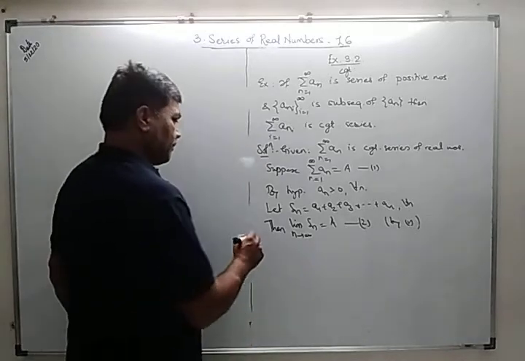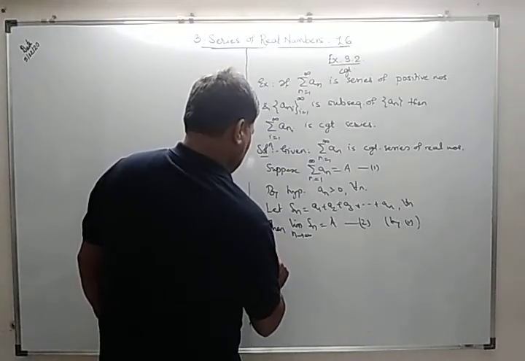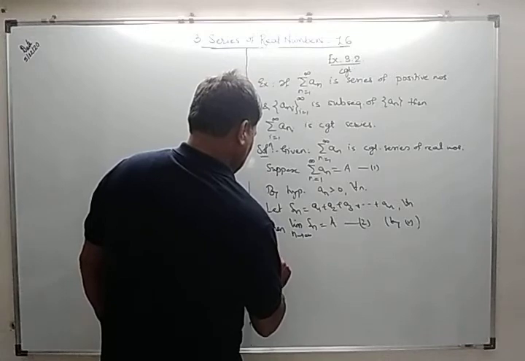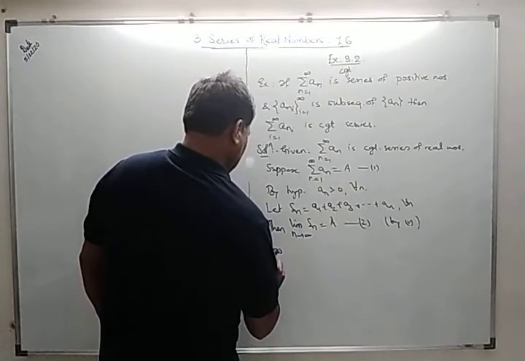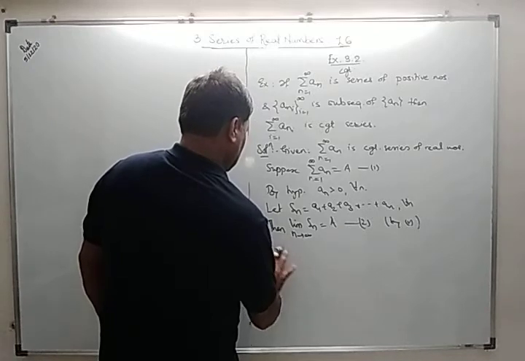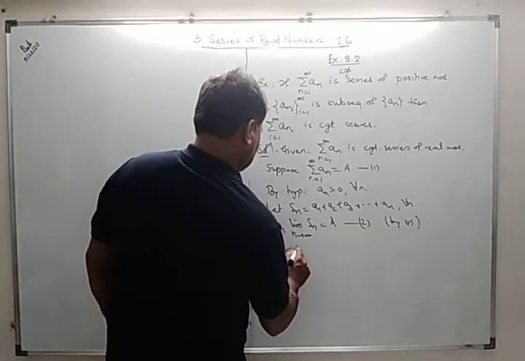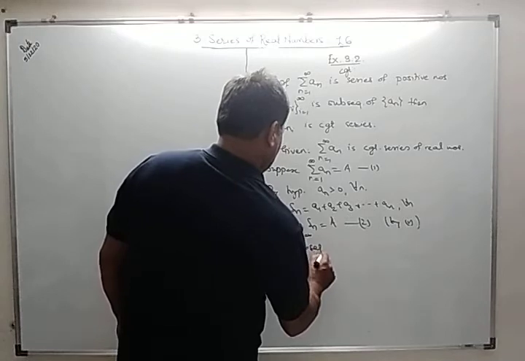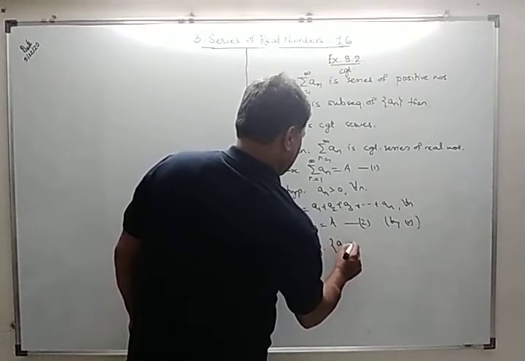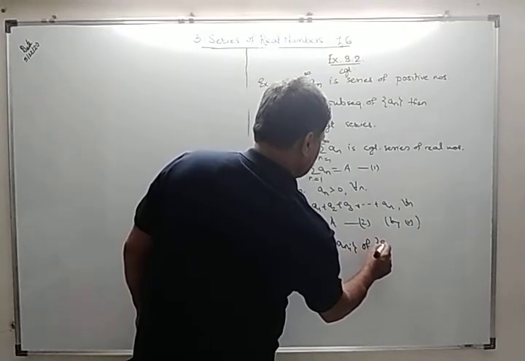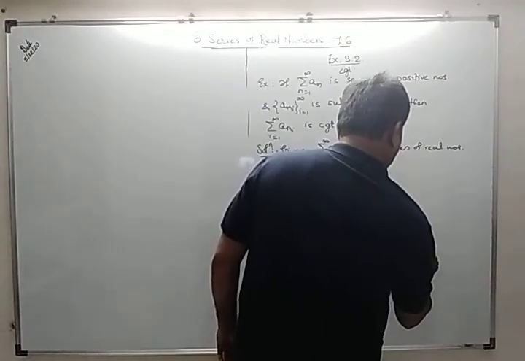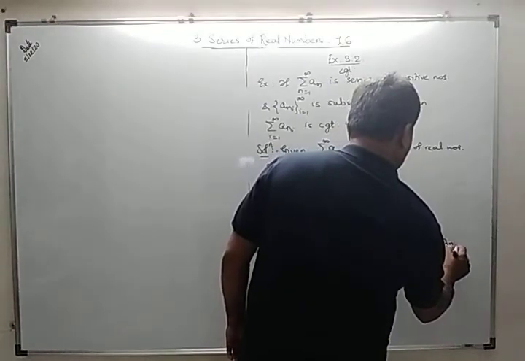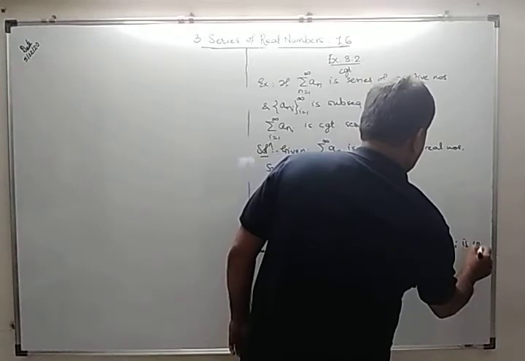Okay. Now claim: for the subsequence n_i of n, the series summation of a_{n_i} is convergent. Okay.